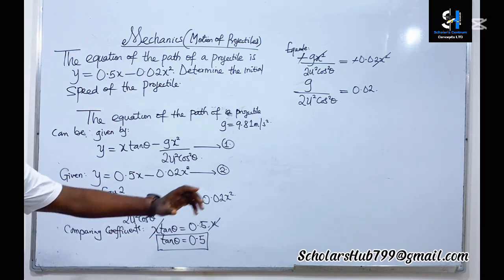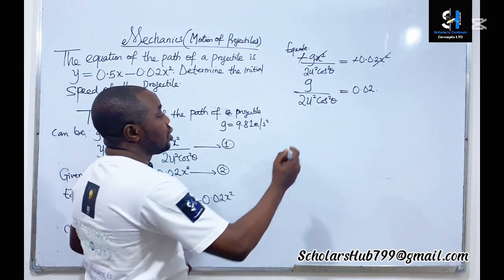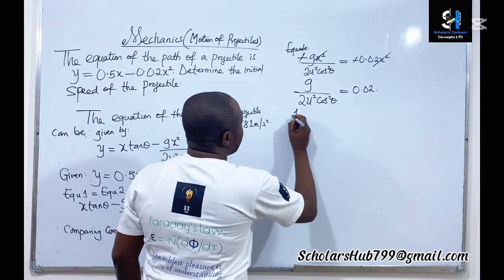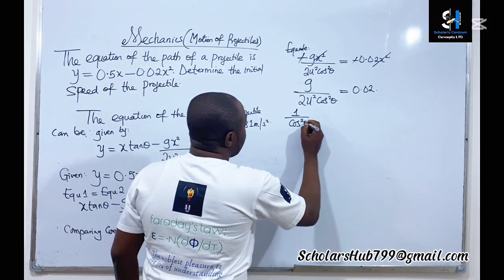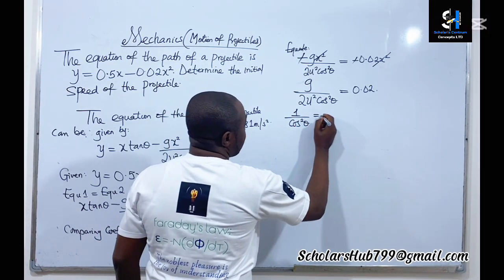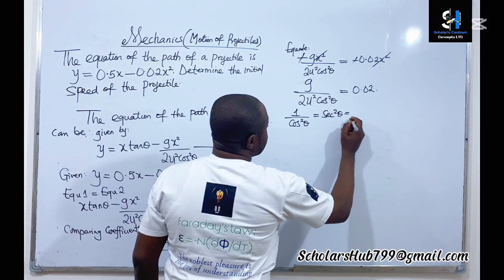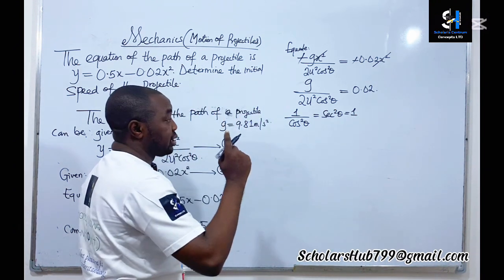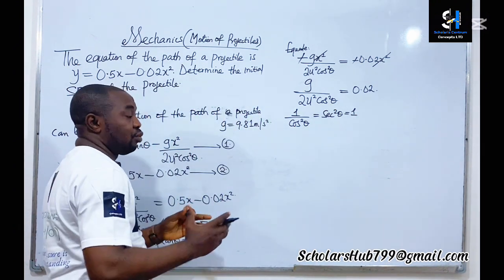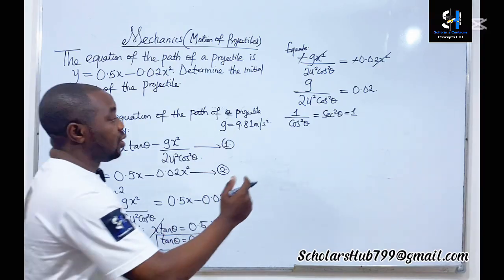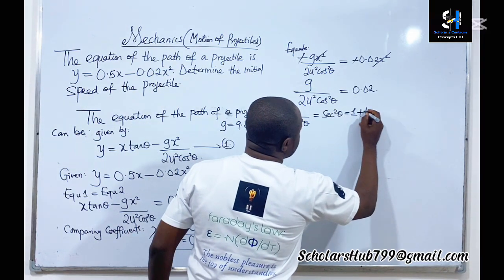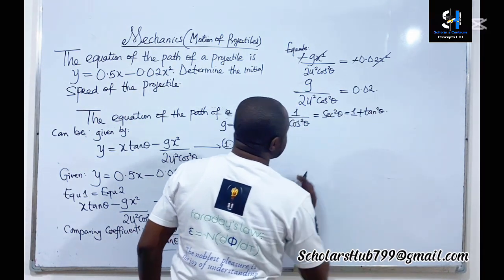We also know that 1 over cos squared theta is the same thing as sec squared theta. According to one of the Pythagorean identities, sec squared theta equals 1 plus tan squared theta.